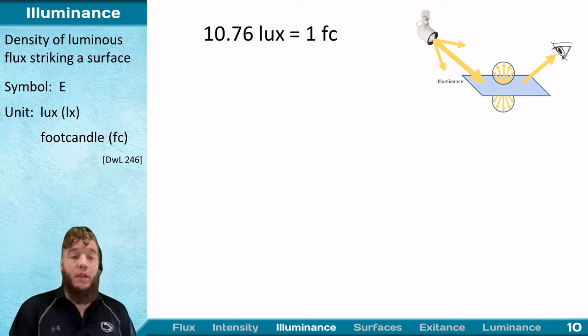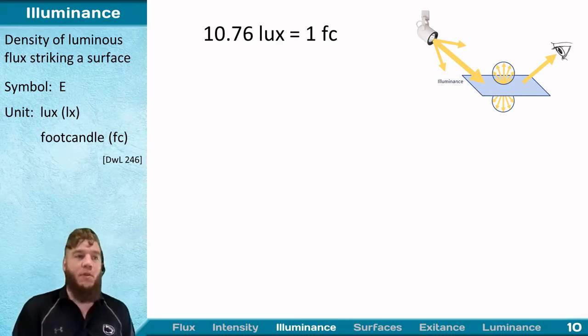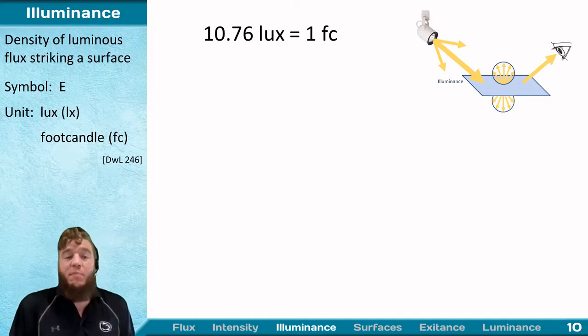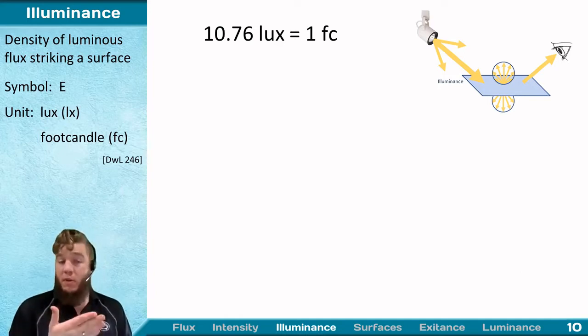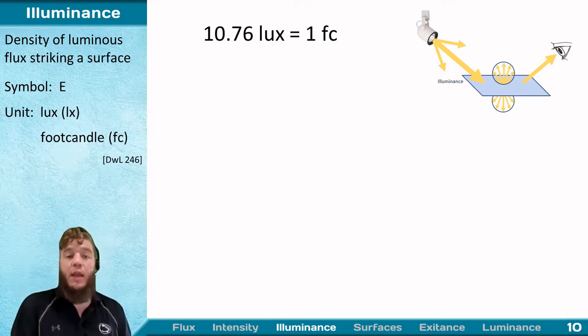And the units are either going to be lux or foot candle. Lux is the SI unit and foot candle is the imperial unit. Essentially, lux breaks down to lumens per meter squared, and foot candle breaks down to lumens per foot squared. But we have these particular names, and these particular names apply specifically to illuminance.